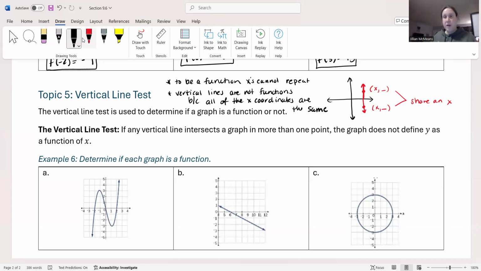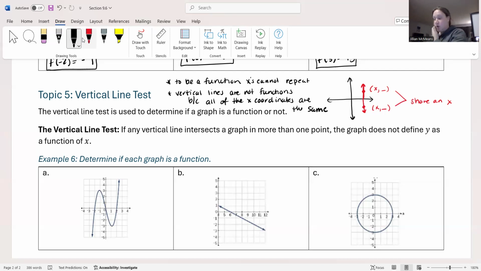If any vertical line intersects a graph in more than one point, the graph does not define y as a function of x. You take a graph and sweep an invisible vertical line across it. If at any point that vertical line intersects your graph more than once, that tells you x's repeat and you do not have a function.